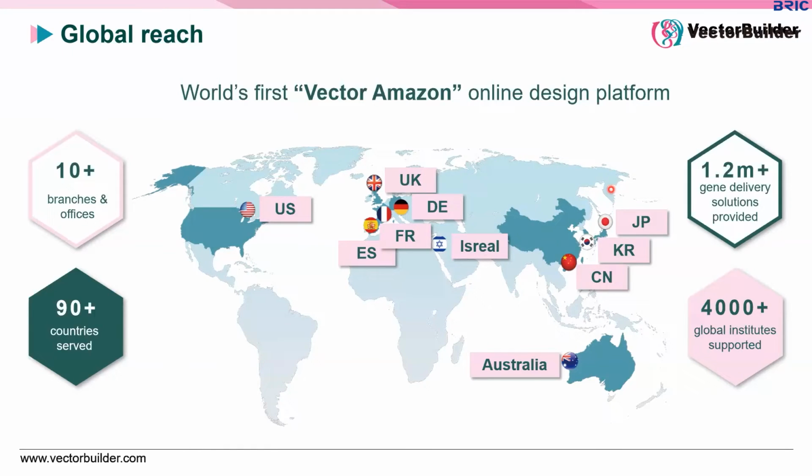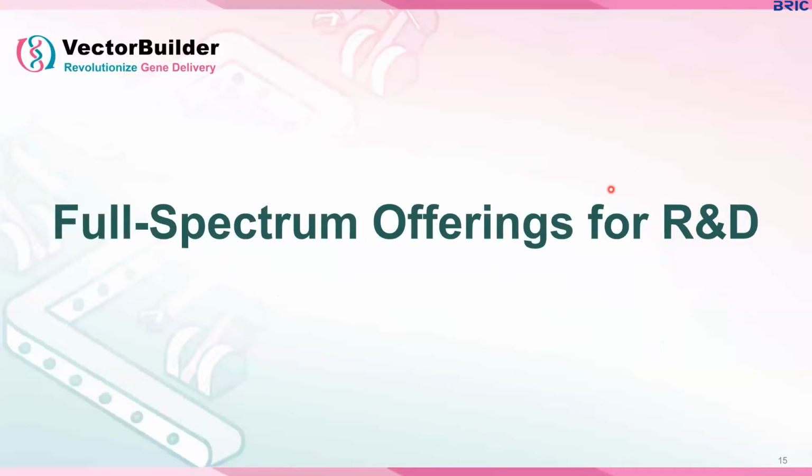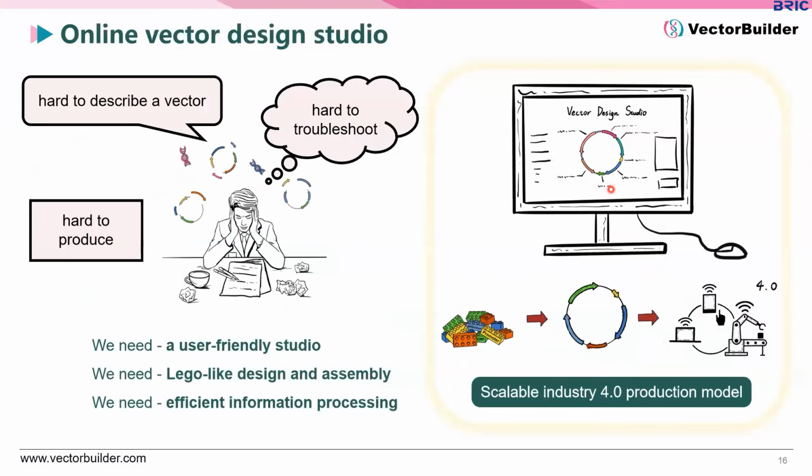We have delivered more than 1.2 million gene delivery solutions. Now let me elaborate a little bit more on our research-grade full spectrum offerings, particularly on a lot of viral vectors. So first, why did we develop our online vector design studio?